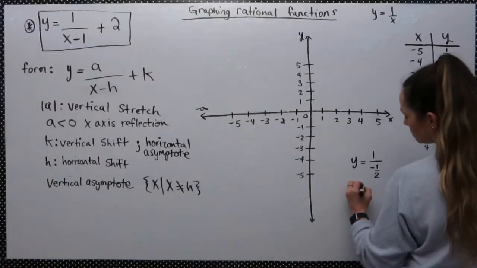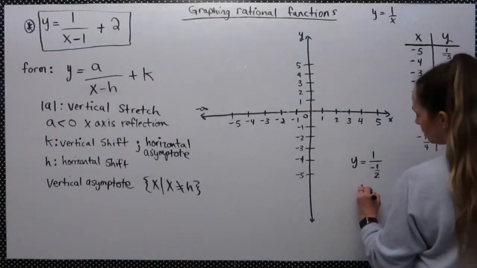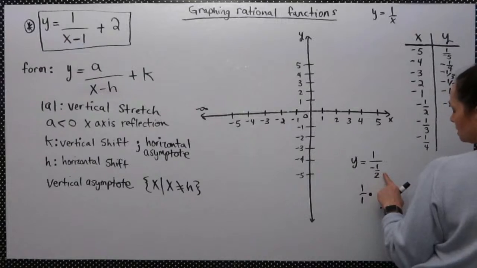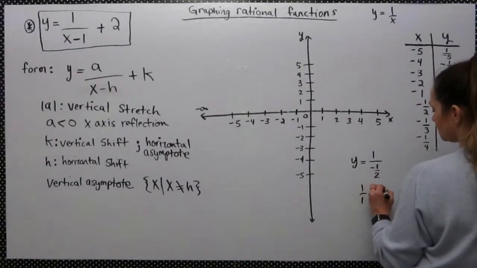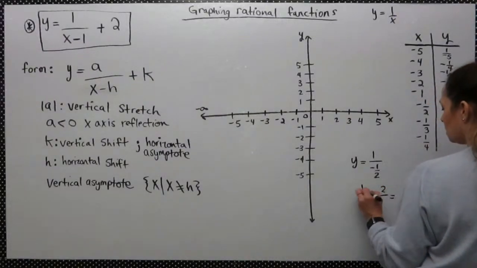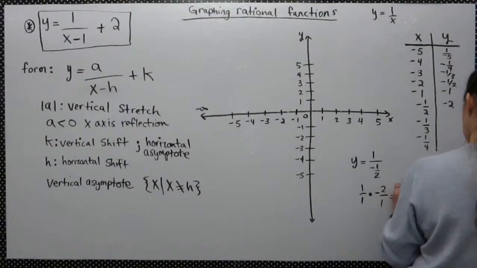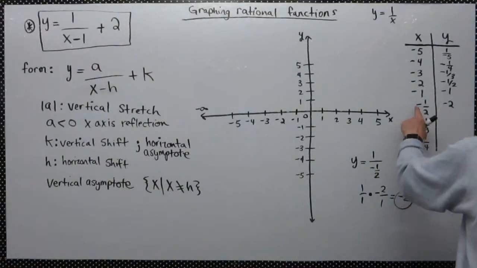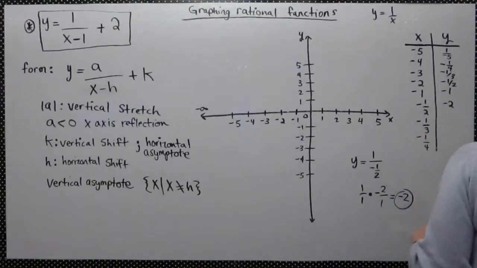-1/2, that's 1 over 1. And then what you do when you divide fractions is you invert that denominator. So that becomes -2 over 1, which in essence will become -2. So I did that for 1, but we're going to just repeat that process for the rest of them.